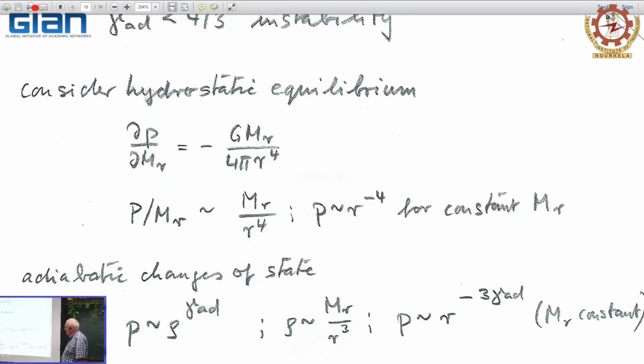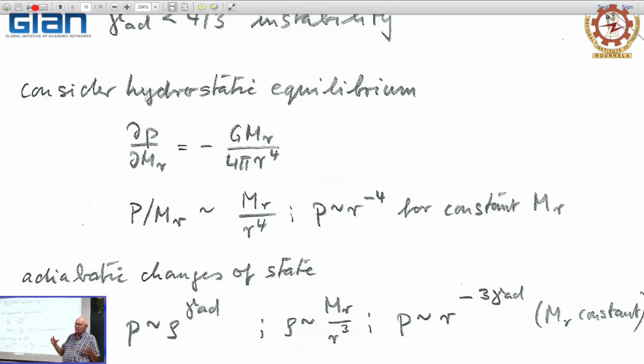Now, we can have two situations. Either the pressure rises faster than it would need for keeping it in equilibrium. What happens if, once we compress our star, the thermal pressure rises faster than it would need to rise in equilibrium? Then it will restore the perturbation.